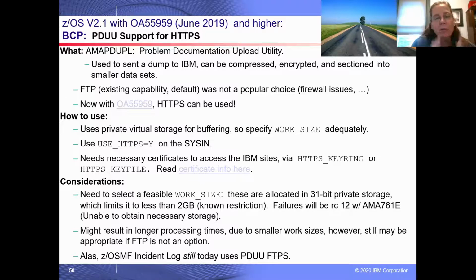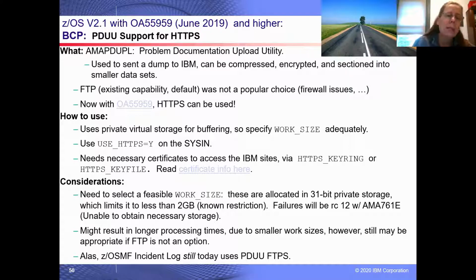Not our favorite restriction, but it is a known restriction today. If you try to have more than 2 gigabytes, you're going to get an error. So we do know this. It's on our list of backlog items that we will need to be getting to. So just note the 2 GB restriction on the work size.